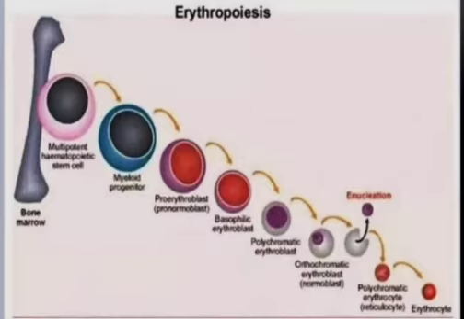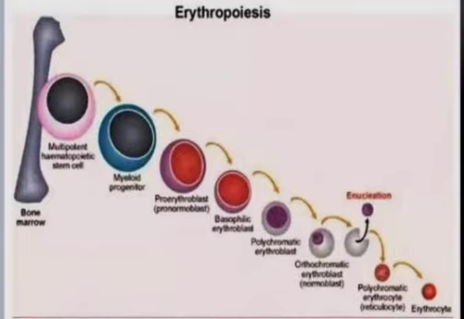The cells which were initially large become smaller and smaller as they grow to maturity. That is the first thing you must note.